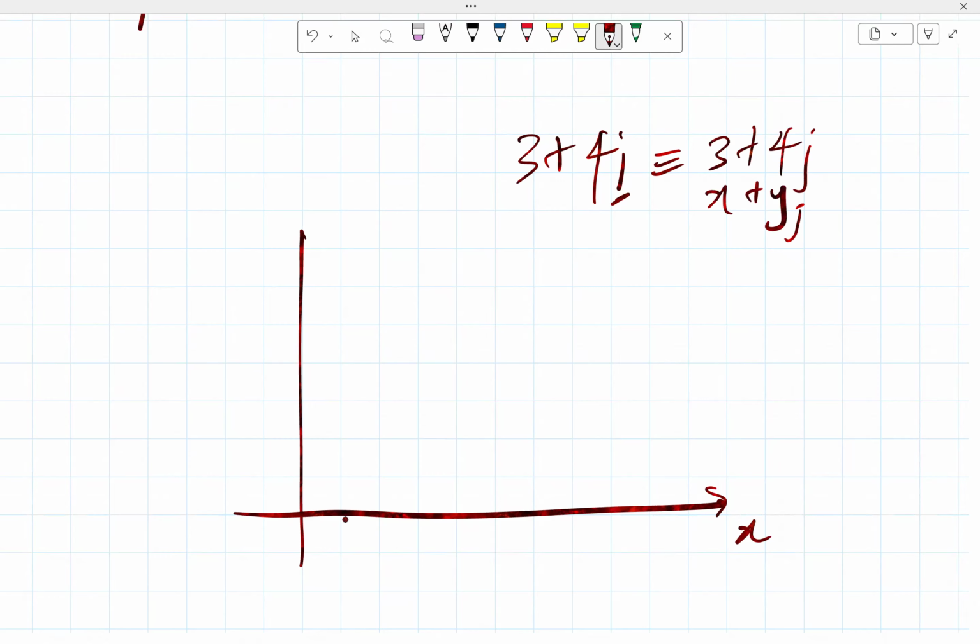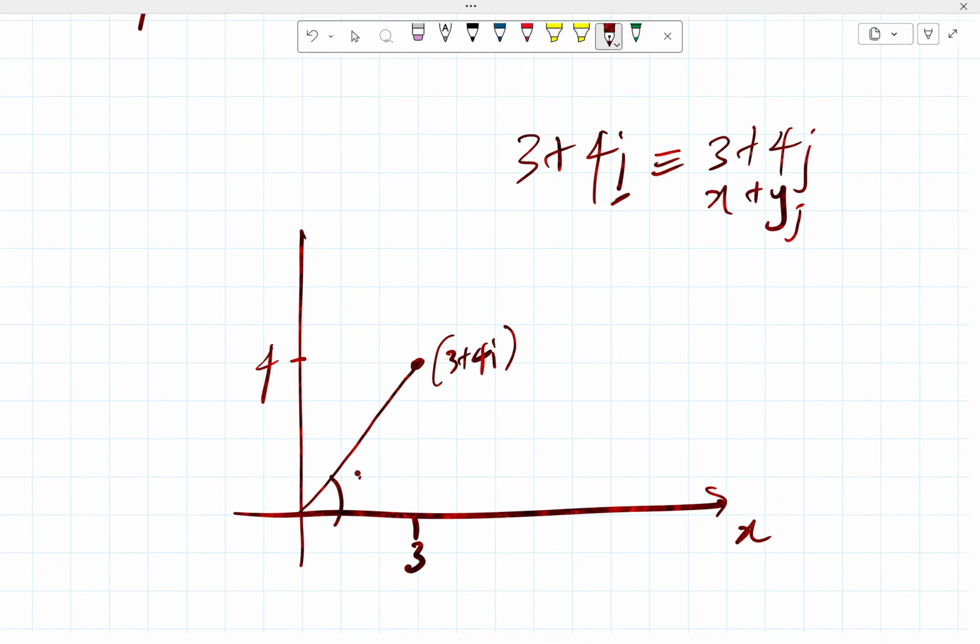On the x axis, you have one, two, three, so you mark your three here. And for the y, one, two, three, four, you mark your four here. Where they meet is the point on the complex plane. This is 3 plus 4i, or 3 plus 4j. If you join this up, that's the distance from the origin.